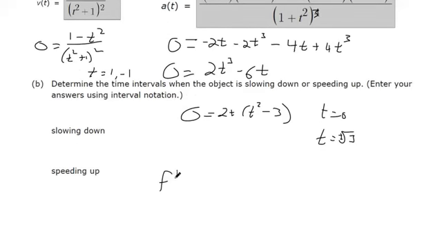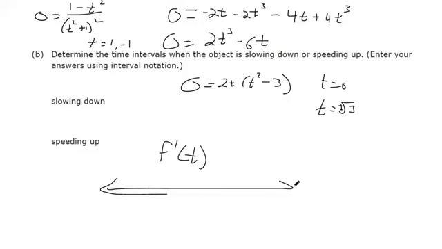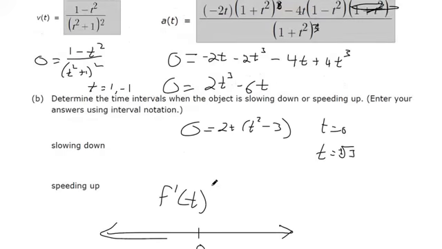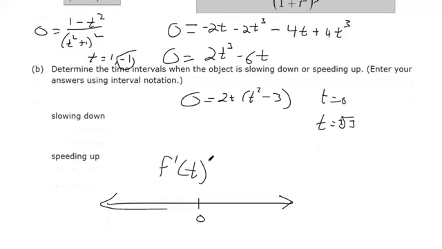So for velocity, let's see, do we care? I don't think we care about negative time. Yeah, because that'd be going backwards in time. So for velocity, there's only one place we're really thinking about. So you want to try plugging in 0.5 to see if it's positive or negative between these two.